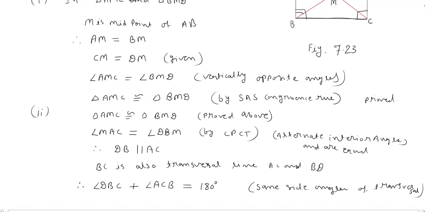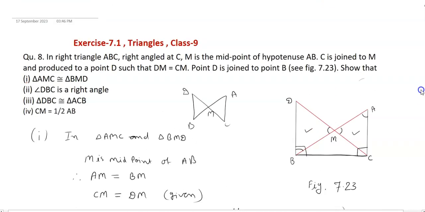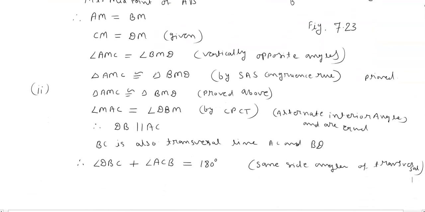So it is supplementary. Angle ACB is given as 90 degrees in the question. So angle DBC plus 90 is equal to 180 degrees.